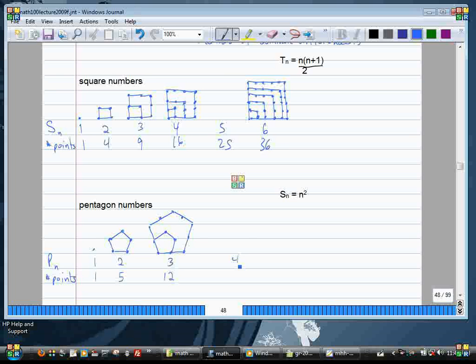My fourth pentagon, I'll try to draw it. Okay. Like this, and then this will be longer. Like this. That's the problem. Okay.